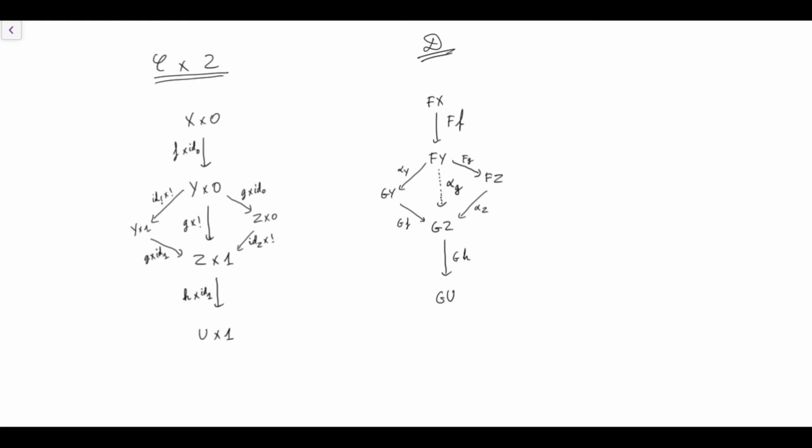But thanks to the naturality condition of alpha, we can map the 2 different ways that we have to travel from y cross 0 to z cross 1.